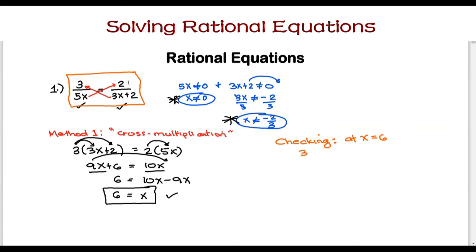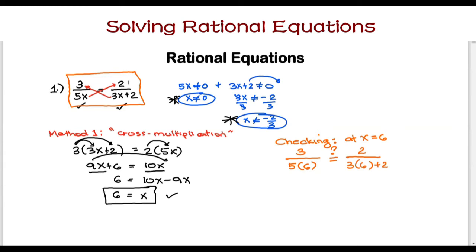You have 3 over 5 times 6. Is this equal to? I'm going to put a question mark first, kasi hindi pa tayo sure kung equal talaga sila. 2 over 3 times 6 plus 2.